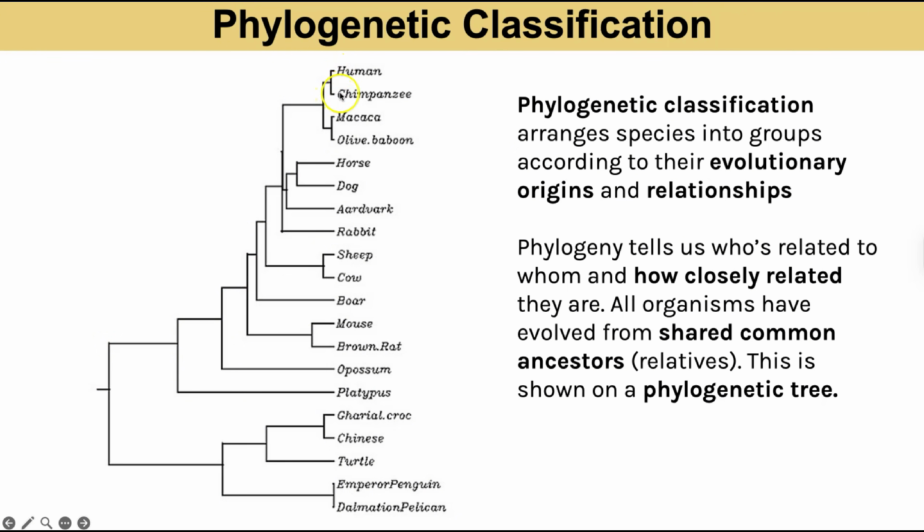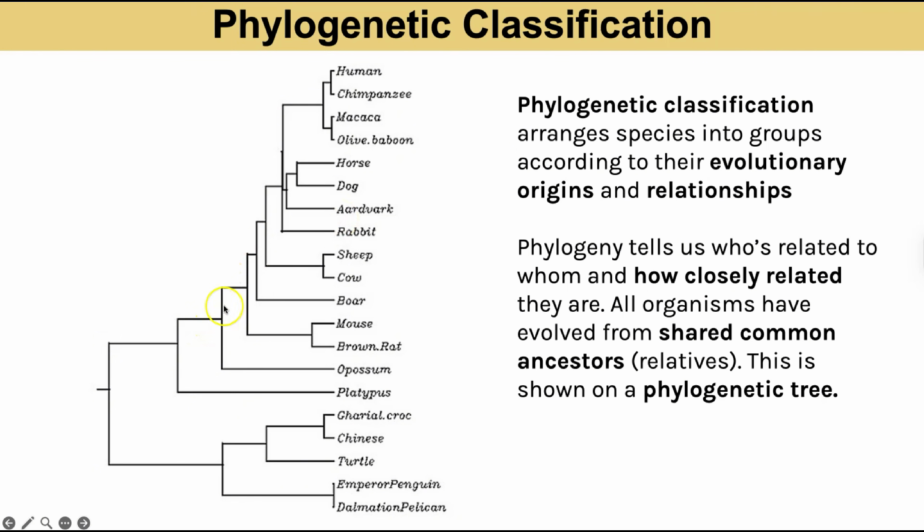So humans, for example, in this tree, we're most closely related to chimpanzees because we share the most recent common ancestor. Then as we go back in time, so we're going back in time this way, after that, here is the next most recent common ancestor. So that means after chimpanzees, we're most closely related to these two. And then we can go back again and see it's then these, and so on and so on.